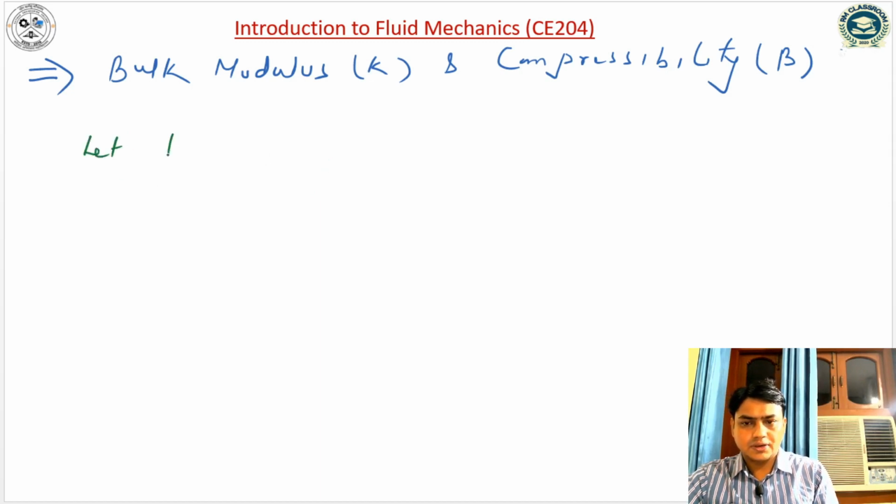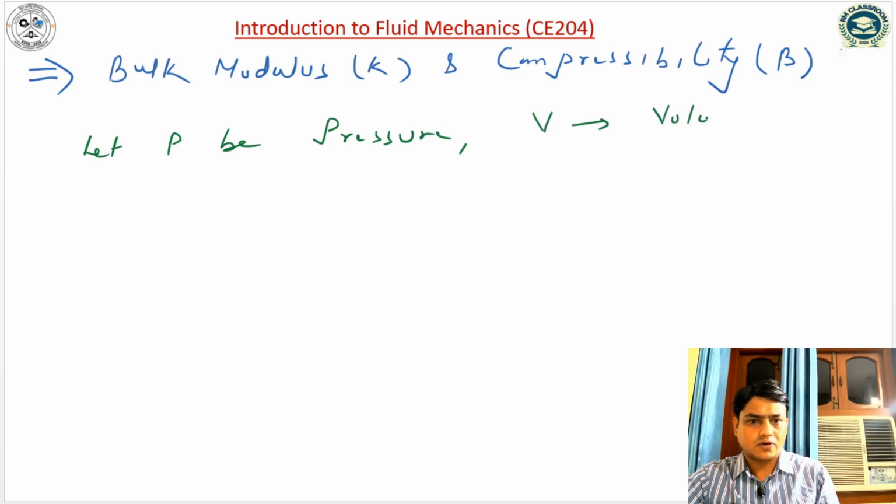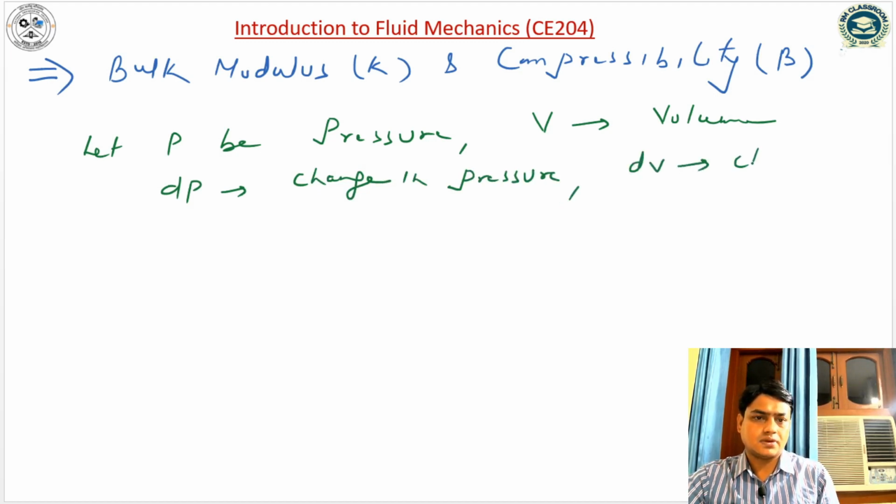Let capital P be the original pressure, and capital V the volume. Similarly, dP is the change in pressure, and dV is the change in volume.